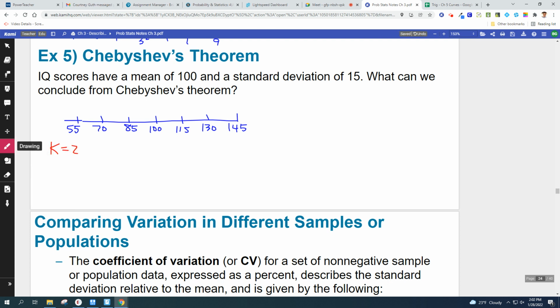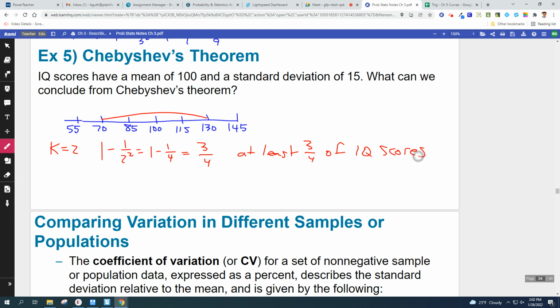Okay, Chebyshev's says for k equals 2, 1 minus 1 over 2 squared, 1 minus 1/4, or 3/4. Okay, Chebyshev's says that at least 3/4 of IQ scores are between 70 and 130. Okay.